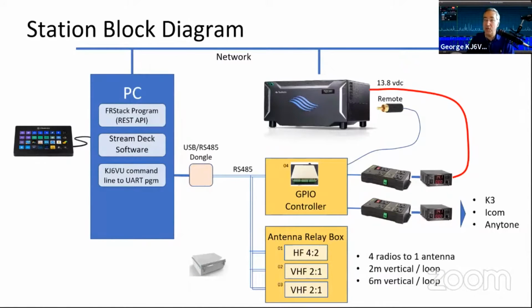And that goes over that RS-485 cable to all the devices. So the command goes to the 3 antenna relays, and it goes to the GPIO controller. Depending on which device I'm sending the command to with an address, it will accept the command and then do the task, turn on a relay or read a voltage and send it back to the PC software.